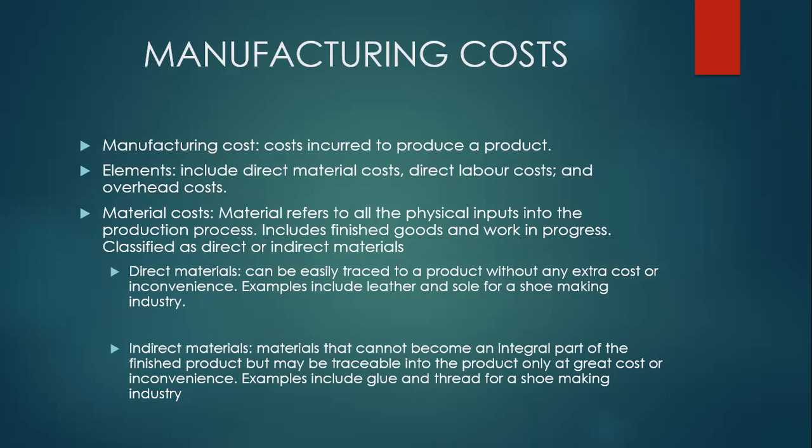Direct labor costs, these are costs that are directly attributable to the labor. So for instance, the factory floor workers, the cost of paying them their salaries is a direct labor cost. There is also what we call overhead costs. Overhead costs are simply indirect costs. There are some costs that are not directly associated with the product you are producing.